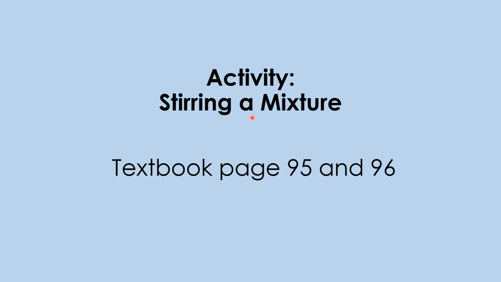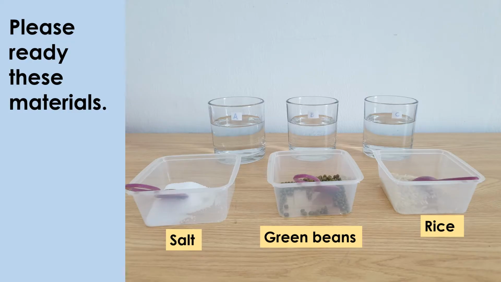Activity: Stirring a mixture. This activity is as in your textbook, pages 95 and 96. Before you start, please get ready all these materials: salt, green bean, rice, and water. Pour 200 ml of water in each glass or cup.